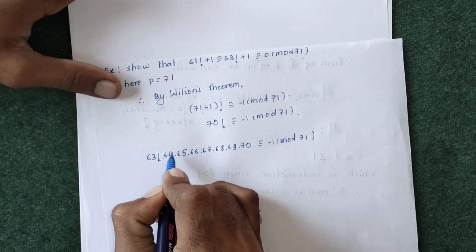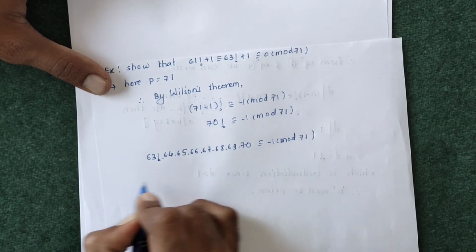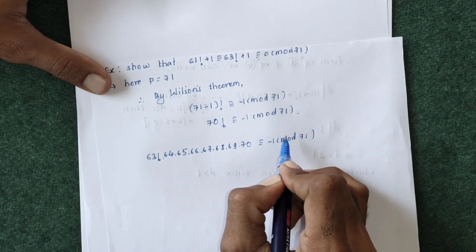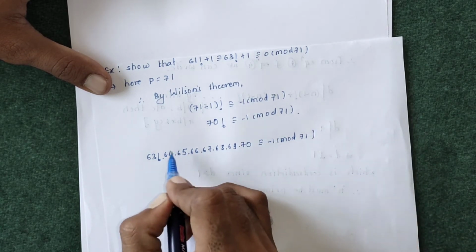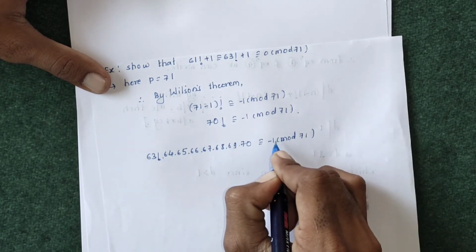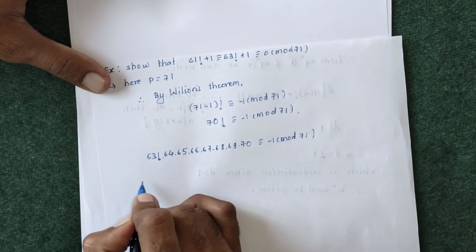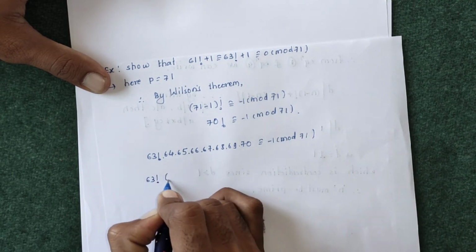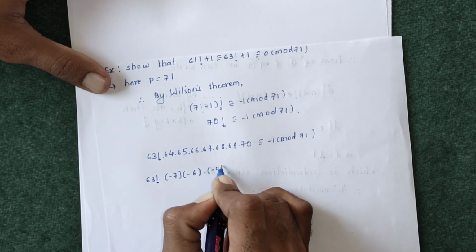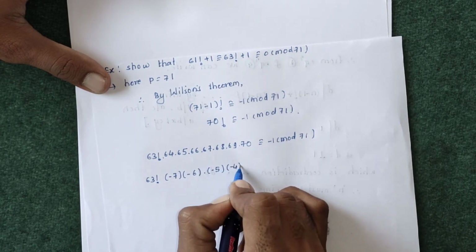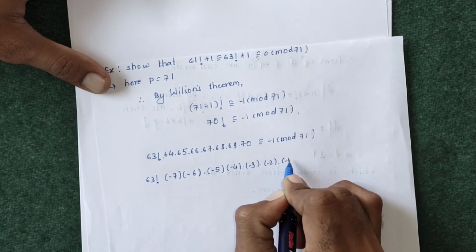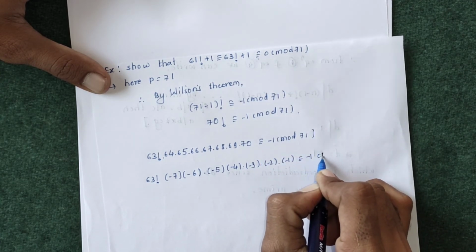Again, writing 64 as 71 minus 7, 71 minus 7 is 64, so we can directly write 64 is congruent to minus 7 modulo 71. So we can write 63 factorial into minus 7 into minus 6 into minus 5 into minus 4 into minus 3 into minus 2 into 70, and 70 is congruent to minus 1 modulo 71.